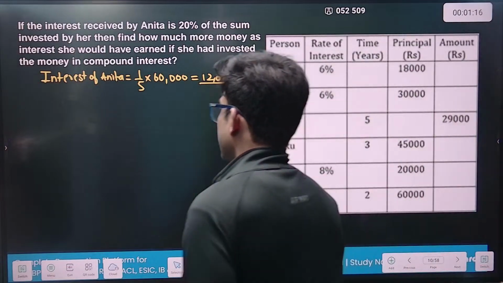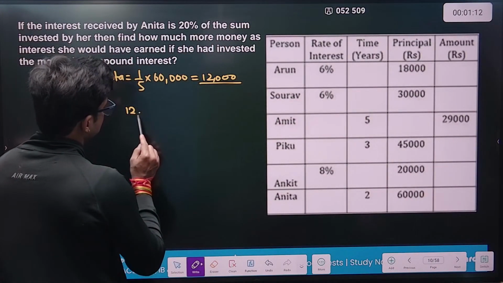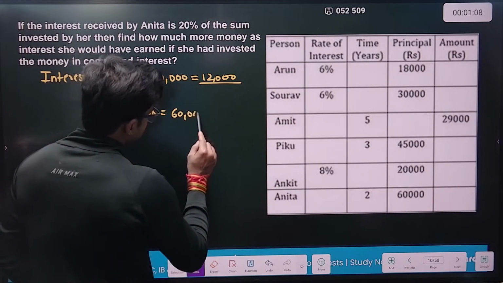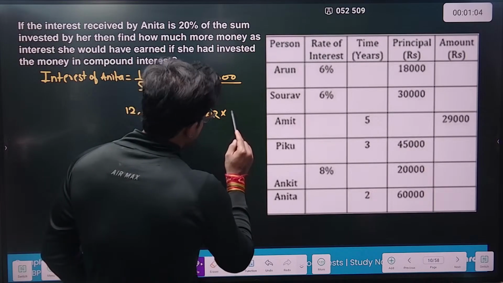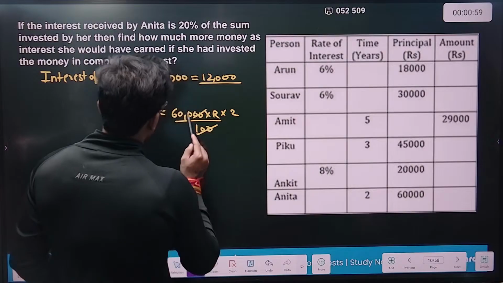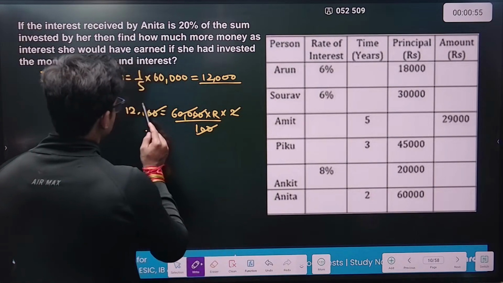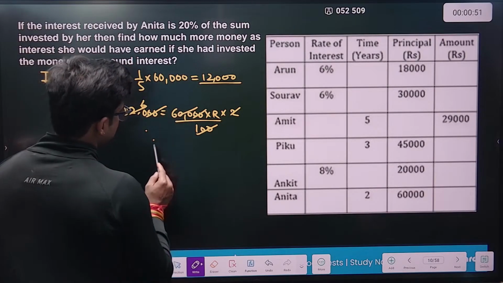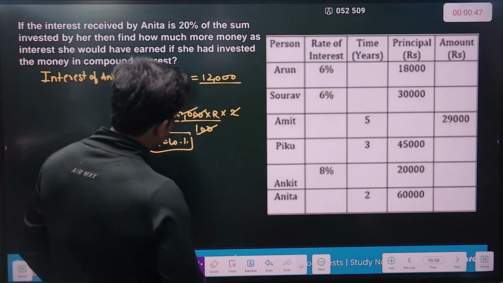So from here, we can figure out the rate of interest. 12,000 equals 60,000 into R into T, which is basically 2 by 100. So this gets cancelled out. 2, 6 and 6. So basically R equals 10%. So we got R equals 10%.